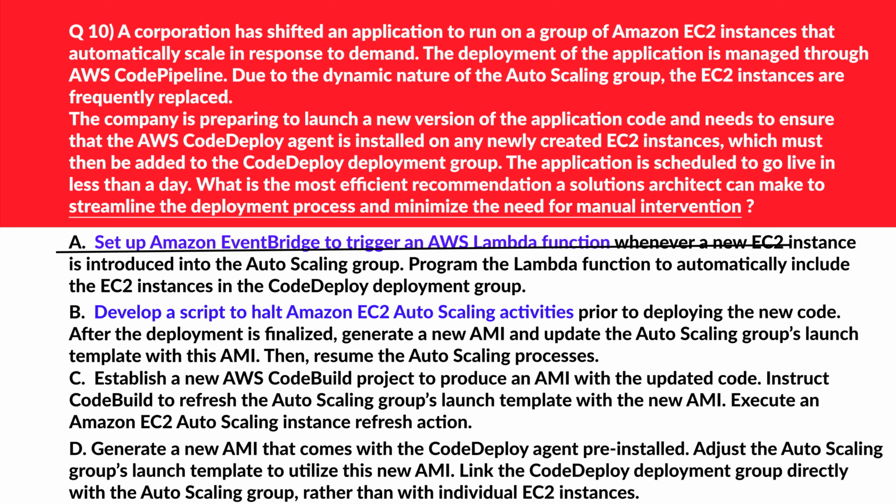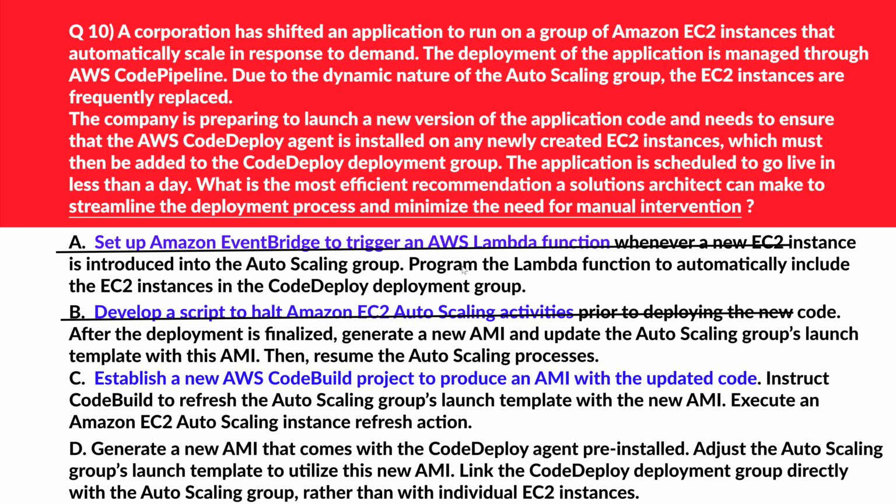Which we don't want, especially in the production environment. Also, manual steps can cause potential downtime, which is not ideal for the application, as per the question, that needs to be live in less than a day. As per the requirement of the question, this is an incorrect choice.